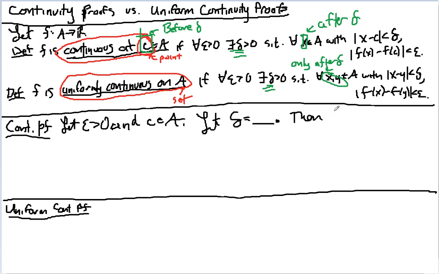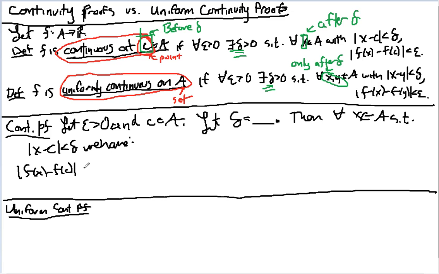Then for all x belonging to A such that |x - c| < delta, we have, and here the whole point is, |f(x) - f(c)| is less than or equal to da da da da da da, is less than epsilon. That's the whole point. So that's one difference, and I'm going to spell out another difference later.